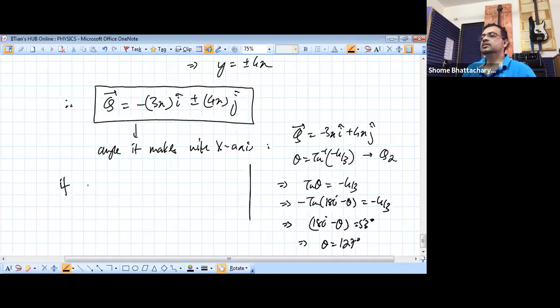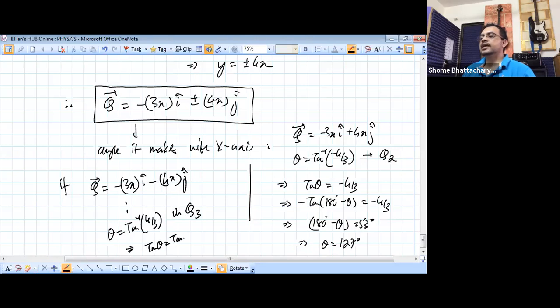Similarly, suppose I take the case where Q is equal to minus 3x i cap minus 4x j cap. That case is also possible. So in this case, theta will become tan inverse 4 by 3. But in which quadrant? In quadrant 3, because both the x component and y component are negative. So that means tan theta equal to tan of theta minus 180 is equal to 4 by 3.